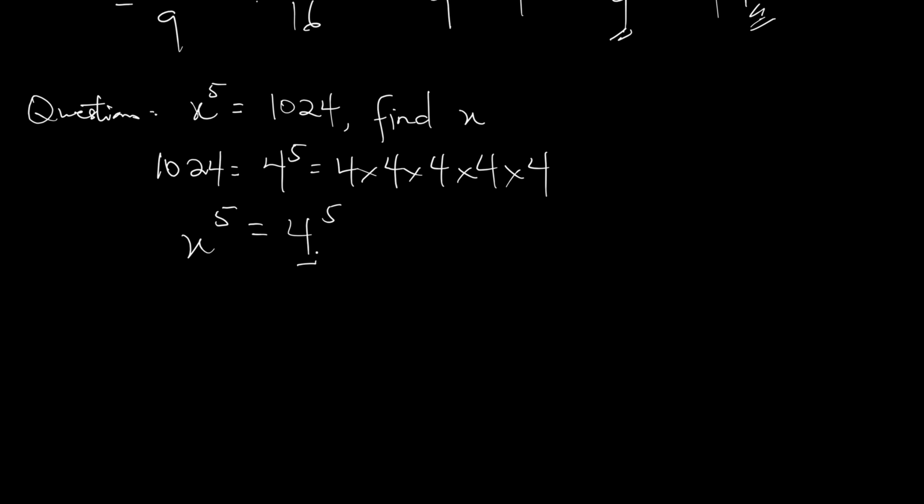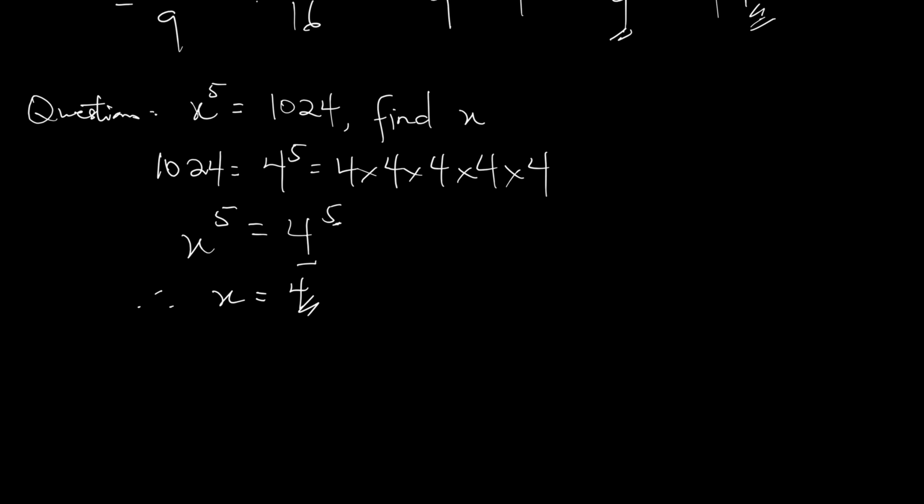And it is 4. 4 multiplies itself 5 times to give us this. So that number is 4. Therefore, x is equal to 4. So we are not applying any rule of indices here. We are just expressing this number as a number with indices, and then we are finding the x. So that's all we did for this part.